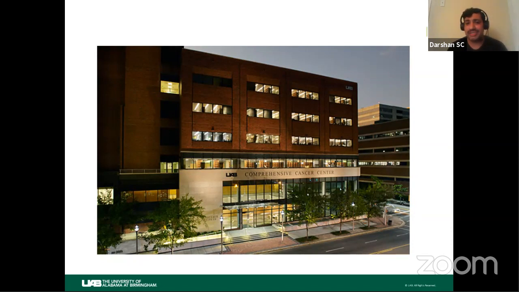It's located just adjacent to University Hospital. That's one of the features in the USA where the universities and hospitals are together. Especially for research purposes, the acquisition of samples is a lot easier here, and UAB Hospital is one of the reputed hospitals in the southern part of America.